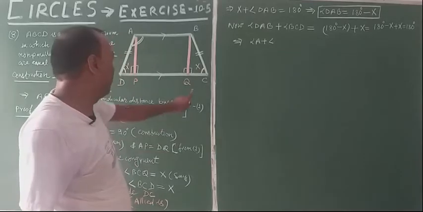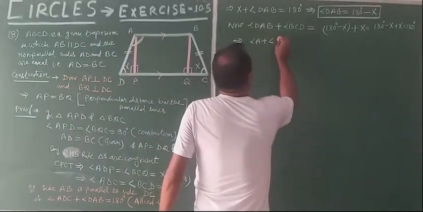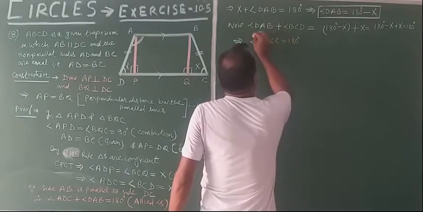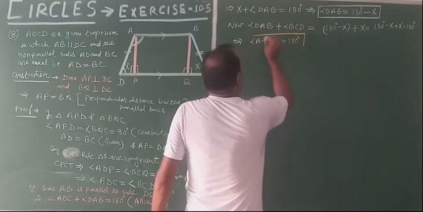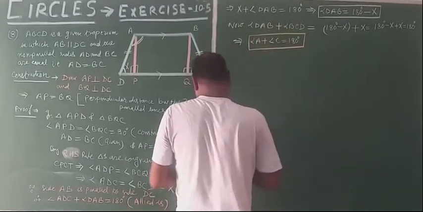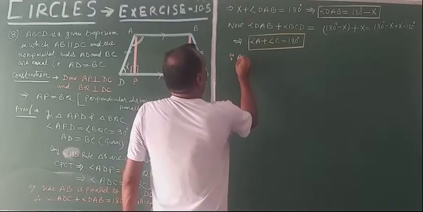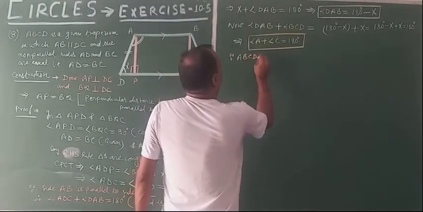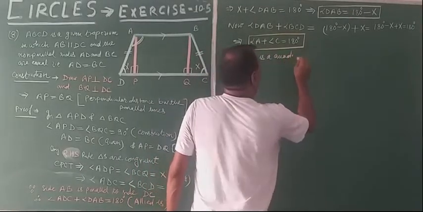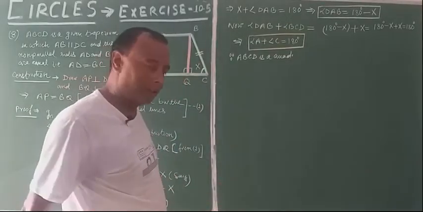Again angle C. Angle A plus angle C, this is how much? 180 degree. Since ABCD is a quadrilateral, it is a quadrilateral because it is a trapezium and a trapezium is a quadrilateral.